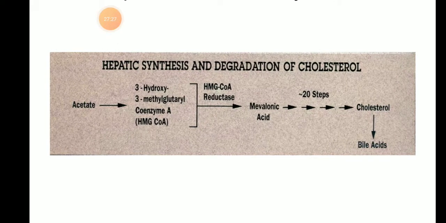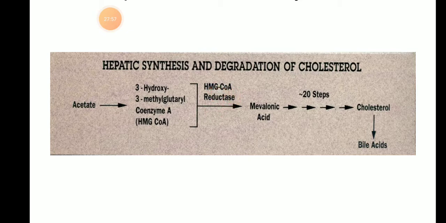As you know from biochemistry, acetyl-CoA is the primary component, from where it is converted to HMG-CoA, that is 3-hydroxy 3-methylglutaryl coenzyme A, which in turn is converted to mevalonic acid, and the enzyme responsible for this conversion is called HMG-CoA reductase, which is a rate limiting step.